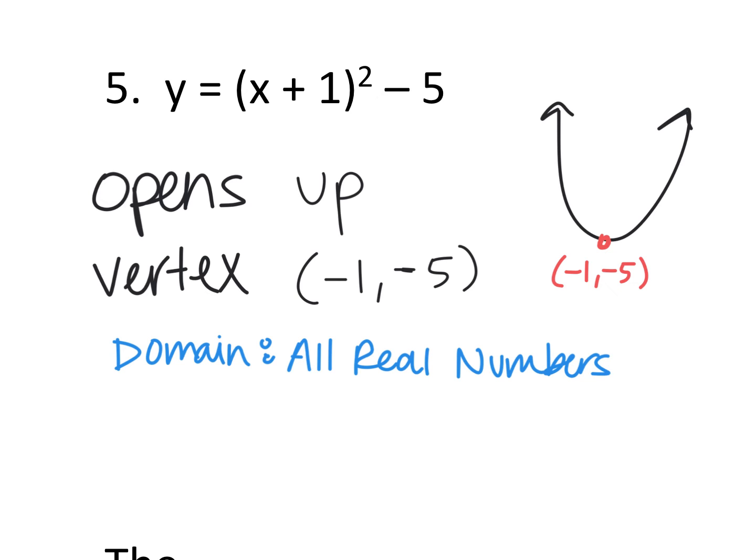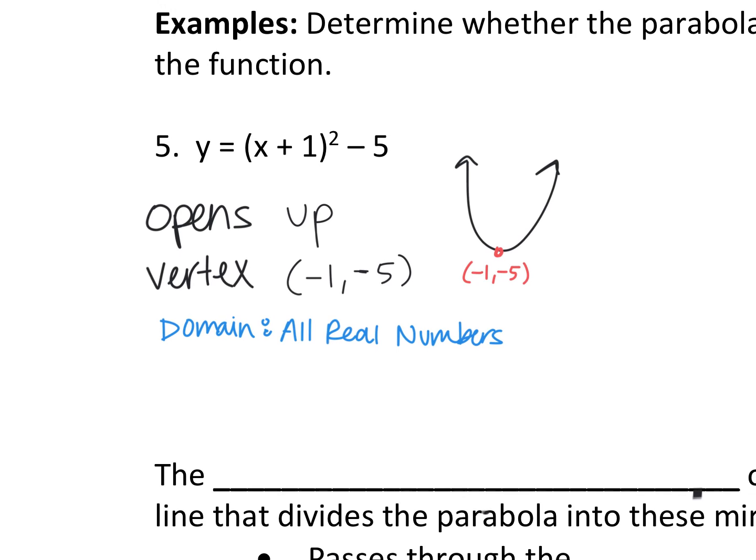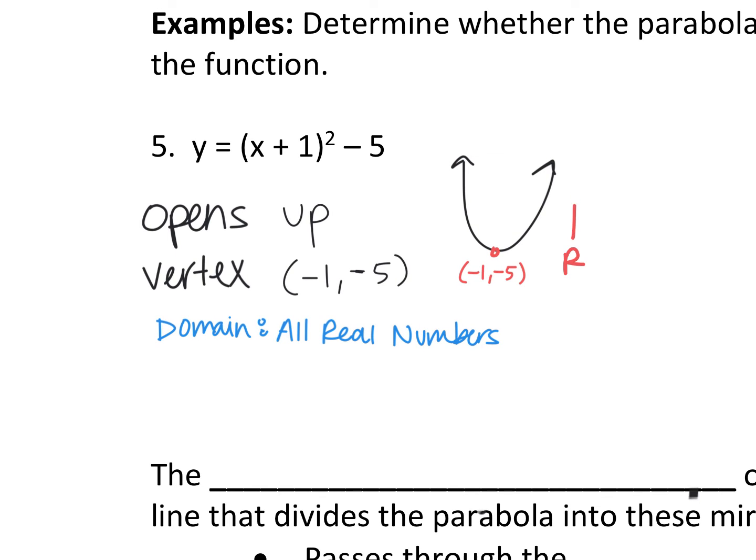The range, however, you need to think about. Range goes from lowest to highest. We want to look at the y value, -5. So it starts at -5, and it goes to where? Infinity and beyond. So -5 to infinity.